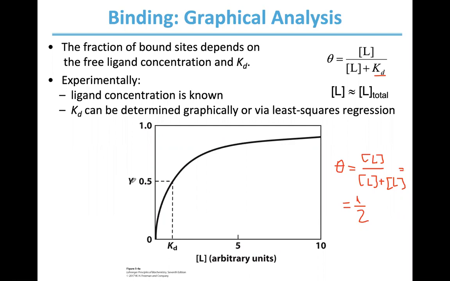Does anybody know why it is not theta? It looks like in the book there was a part where it was saying Y equals the binding sites occupied over the total binding sites.